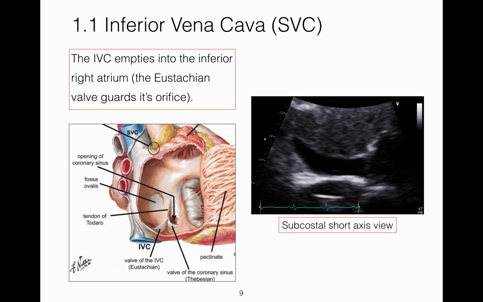The eustachian valve is related to the eustachian ridge, which helps direct blood flow toward the interatrial septum prior to birth. Most often with echo, the IVC is imaged from the subcostal short axis view, where its diameter and respiratory reactivity can be measured.